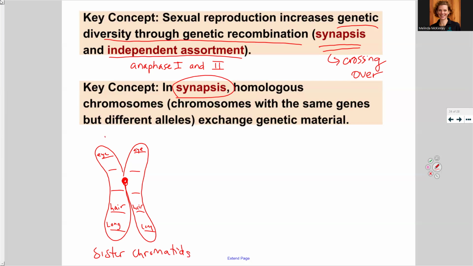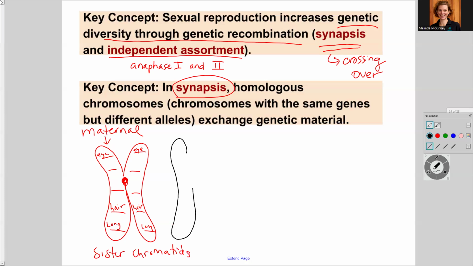So this original one here, if you followed it all the way back, if it came from the mom, it would be called a maternal chromosome, okay? And if you have the same thing from the dad, so you have a chromosome here, it would have the same sequence of genes.